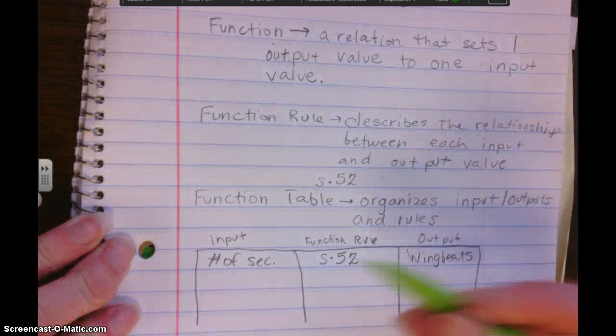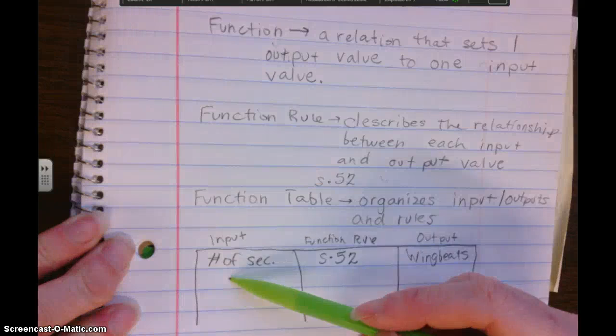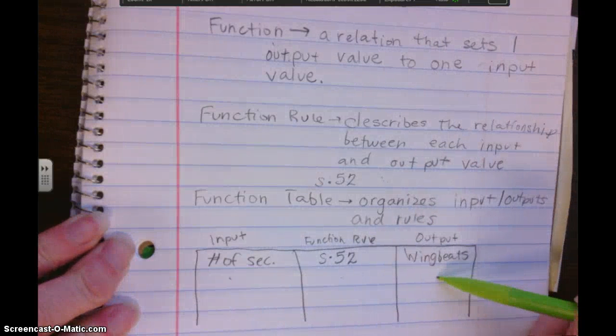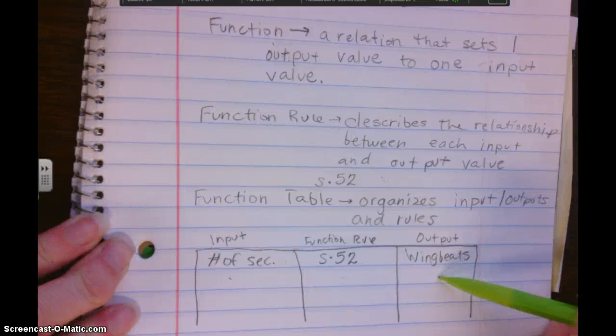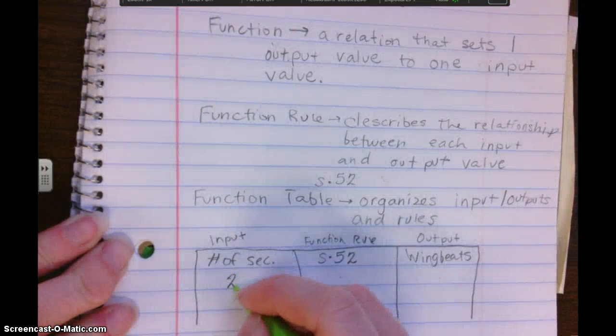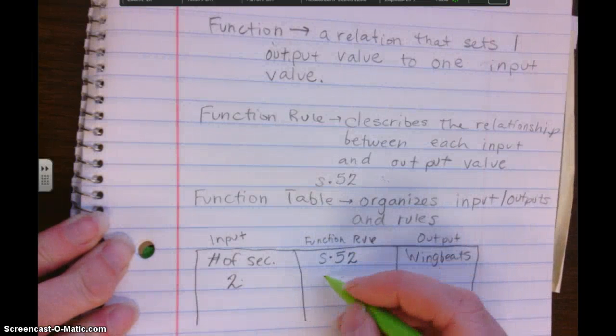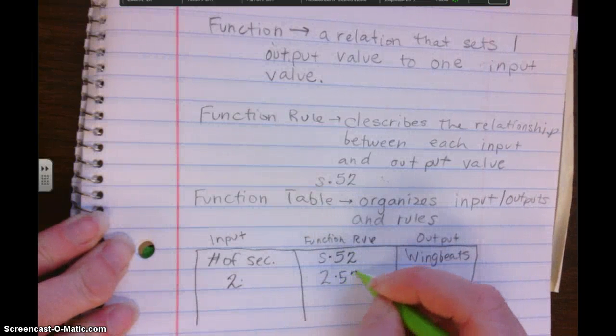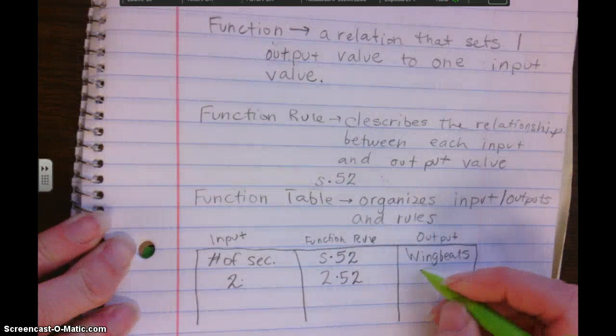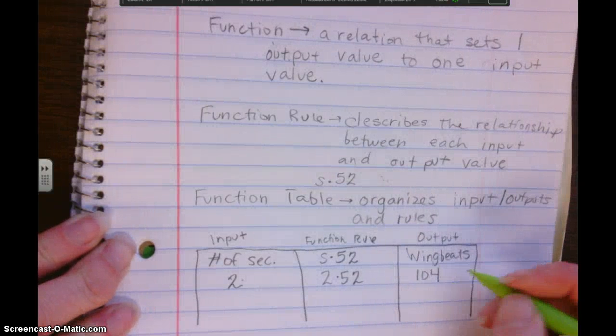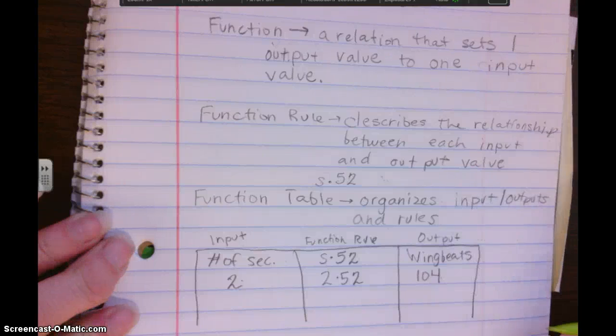What came out after we put in a number, applied the rule, we got exactly only one answer that could come back out. So when we put in 2 seconds into the input, and then we multiplied it times 52, the only number you can get out is 104 wing beats per second.